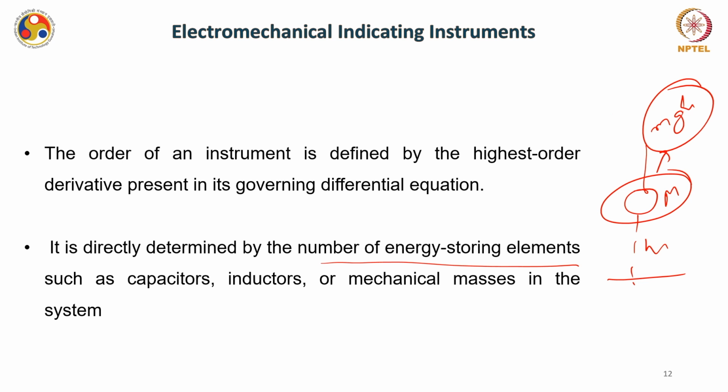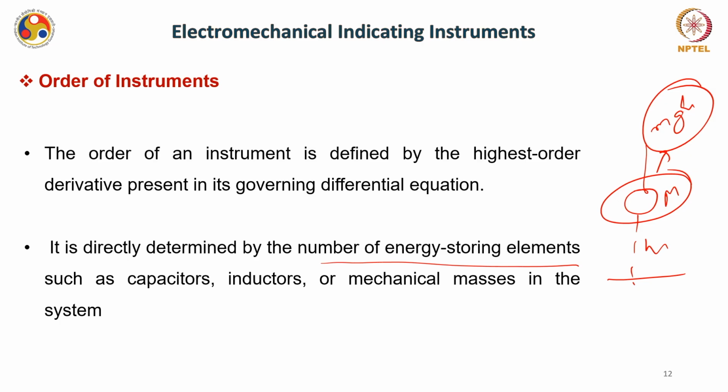So when I say that the order of the instrument can be directly determined by the number of energy storing elements, you please count the electrical energy storage, passive or active devices, you have capacitors, inductors, etc., but you also count the mechanical masses. Now we understand two different ways in which I can find the order.